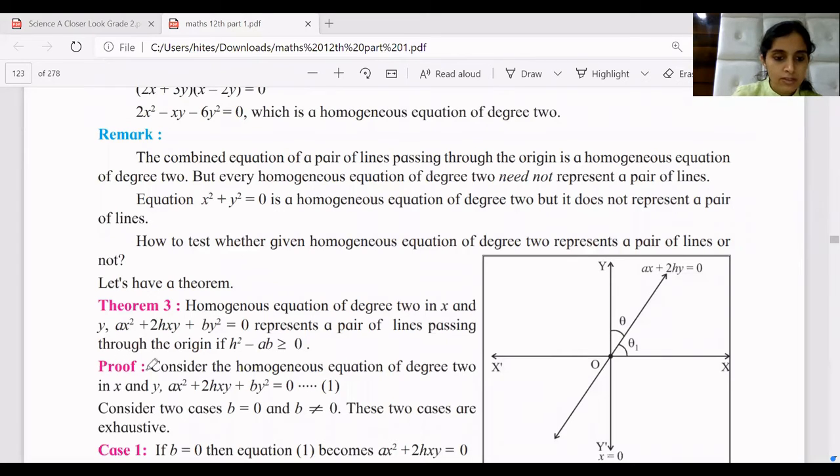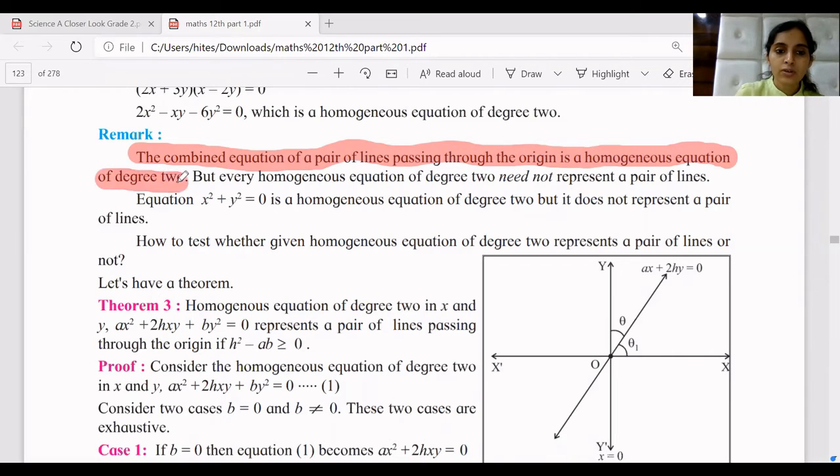It says that the combined equation of a pair of lines passing through the origin is a homogeneous equation. Correct? We just proved this, of degree 2. But every homogeneous equation of degree 2 need not represent a pair of lines. Very important. They've given an example for the same.